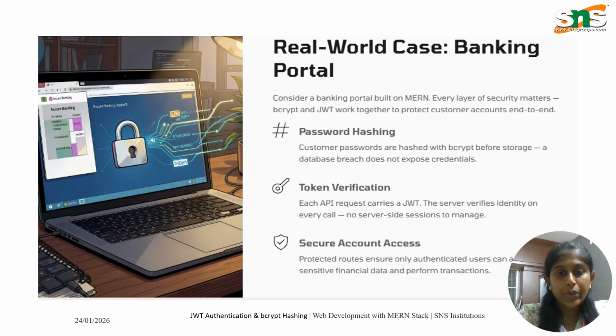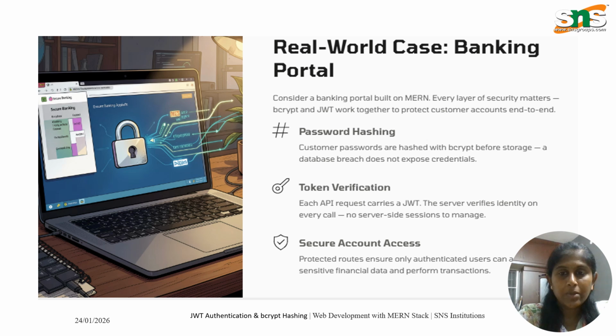Here we are going to see a real-world case study: a banking portal. In a banking application, security is extremely important because sensitive financial data is involved. bcrypt is used to securely hash customer passwords before storing them in the database. This prevents attackers from reading passwords directly. Next, JWT is used to manage secure user sessions.